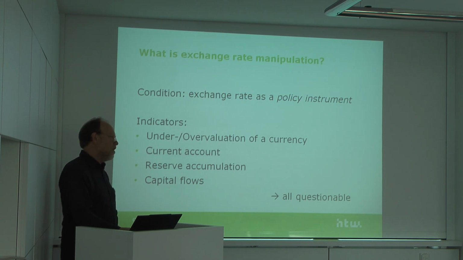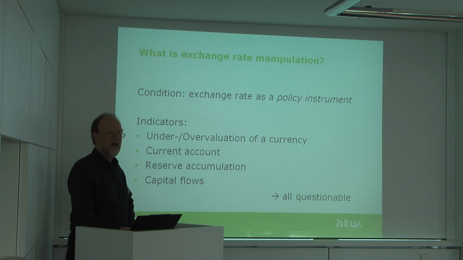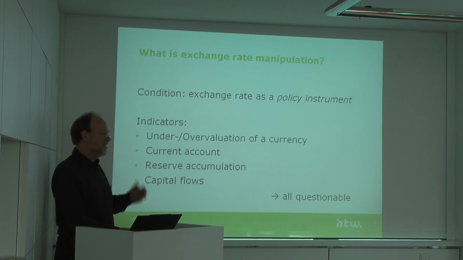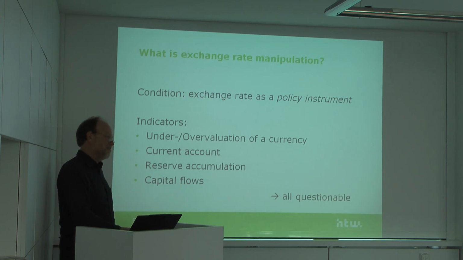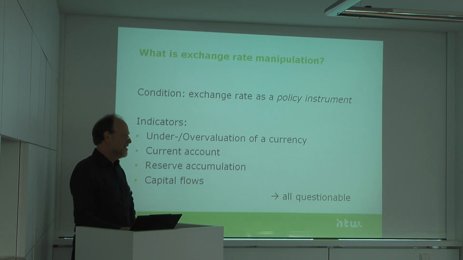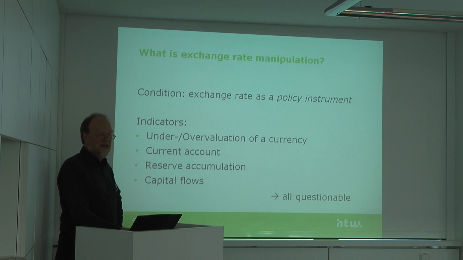Now, if we go one step further, the first question which arises is: how can we see what is exchange rate manipulation and what is not? What are the clear indicators that a country is manipulating its exchange rate? If we have a closer look, we see that's the starting point of the whole problem, because we do not have a clear indicator.